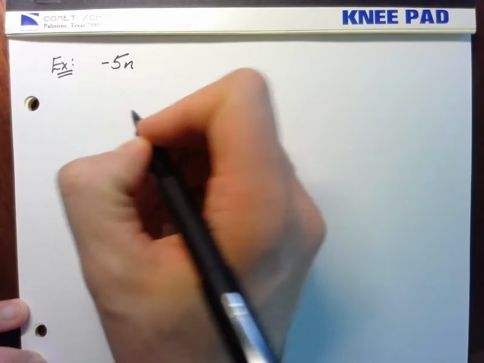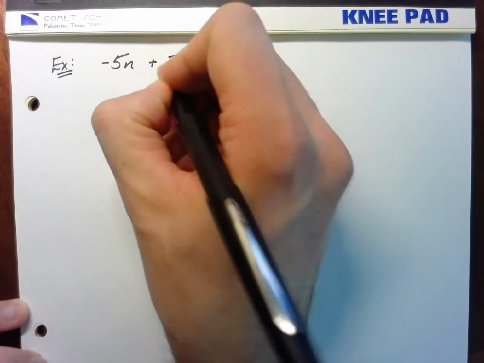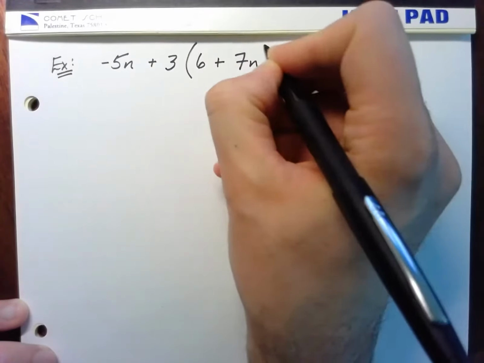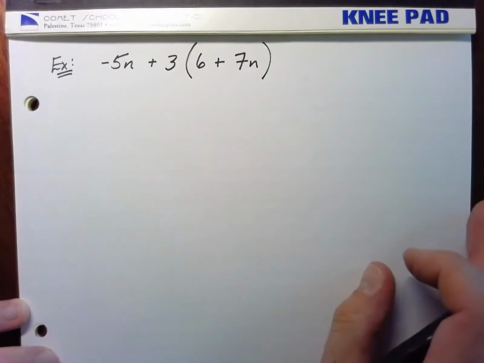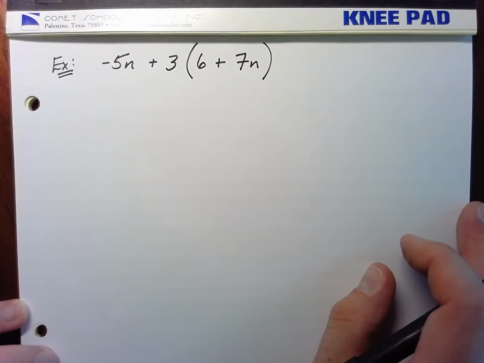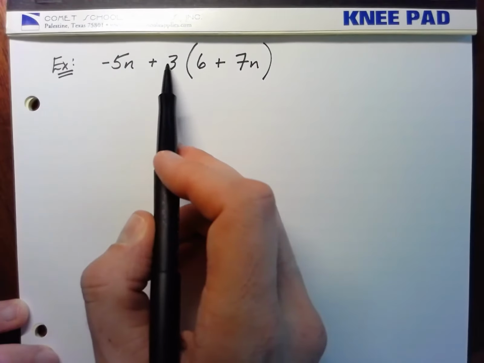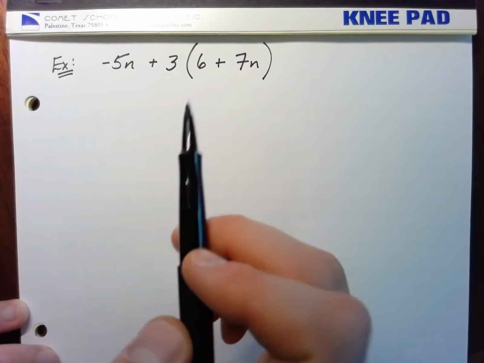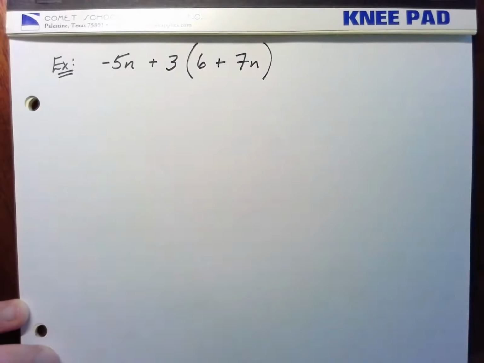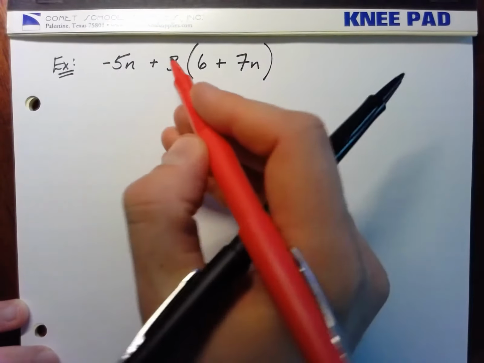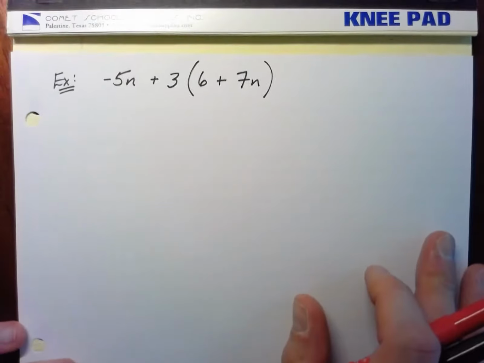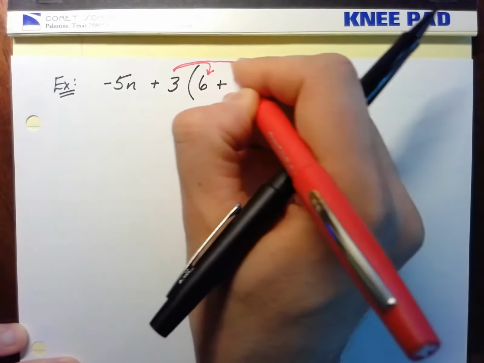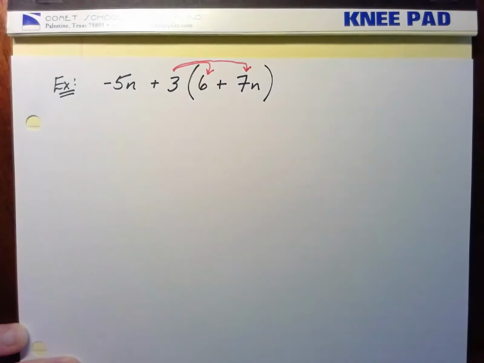Example: negative 5n plus 3 times the quantity 6 plus 7n. Okay, so notice what I've got here. I've got 3 times a bunch of stuff here, and that is times. We don't have to write that, but we know that's times. And so we know that we can distribute, right? We can distribute this 3, and we can go there, and we can go there.